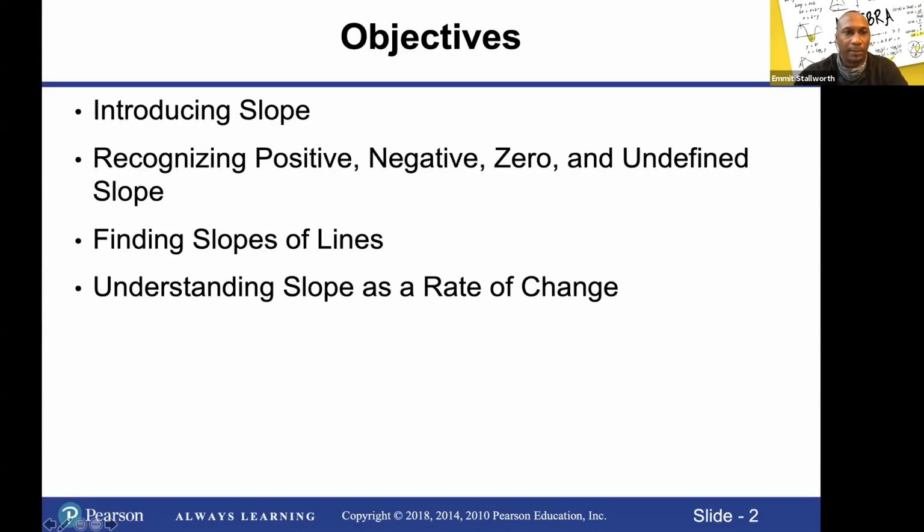All right, so we got slopes and rates of change. Today I'm going to be introducing you guys to slopes. We're going to be recognizing positive slopes, negative slopes, zero slopes, and undefined slopes. We're also going to be finding the slopes of lines, and understanding slopes as a rate of change.